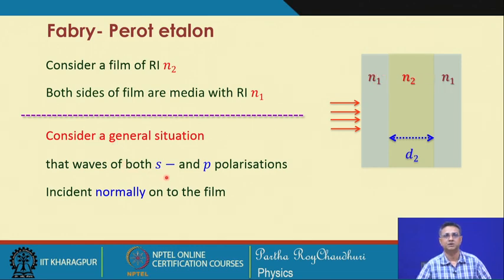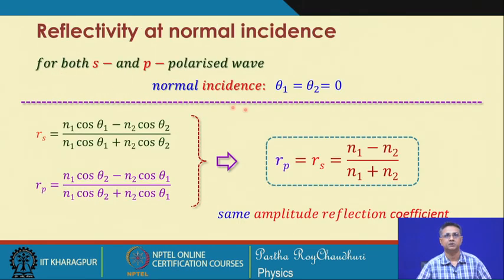Consider a general situation for both S and P polarized light, and the light is incident normally. In that case, we have theta 1 equal to theta 2 equal to 0 for normal incidence, and both Rs and Rp will give me this value, Rs equal to Rp equal to this for both the polarizations, same amplitude reflection coefficient.